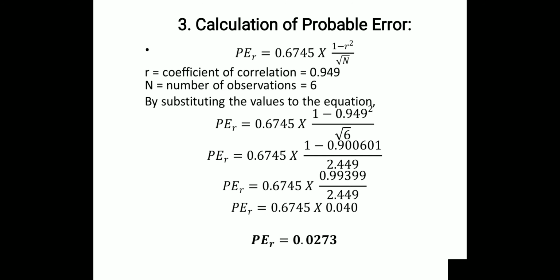Now we should also calculate the probable error of this problem. Probable error is equal to 0.6745 into 1 minus r square divided by root of n. When we substitute the values in this formula, we get the probable error, that is 0.0273.